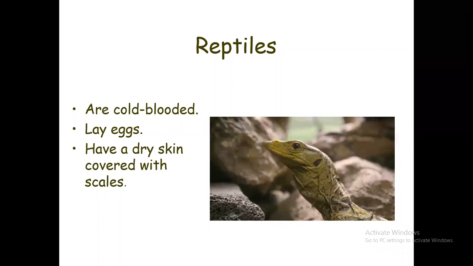They cannot feel if it's cold or hot. They actually have a body temperature that is the same as the surroundings. Of course, they lay eggs because now we know that only mammals give birth, so all the other animals lay eggs, and they have dry skin.